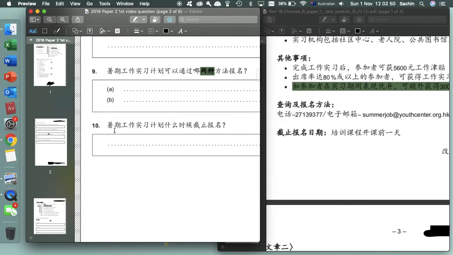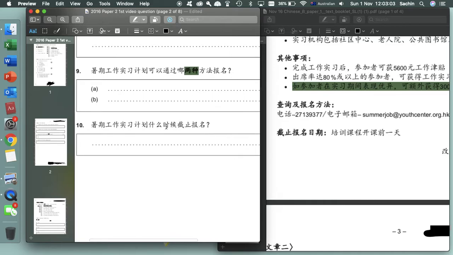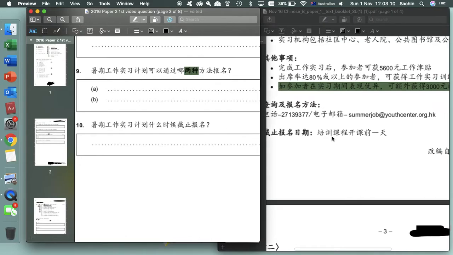Number 10. Now this one you have to pay attention to this deadline, because it says here, the work experience, at what time is the deadline? And because it's 什么时候, it's probably best if you pay attention to this. So it says here, the day before the practice course.